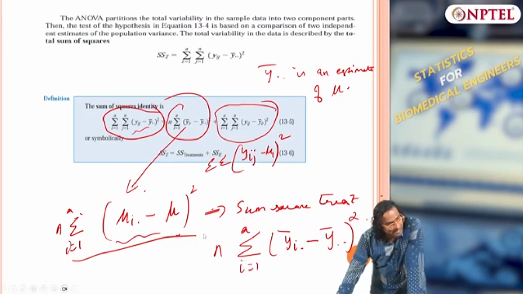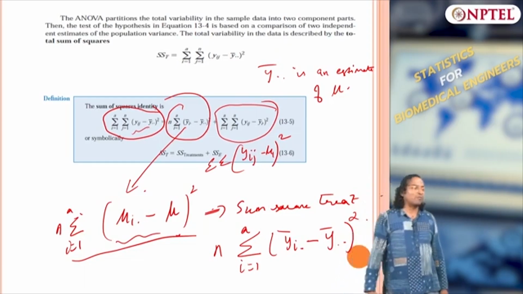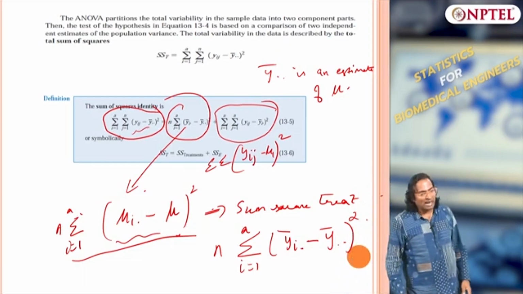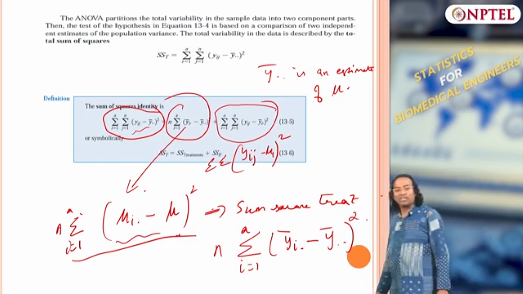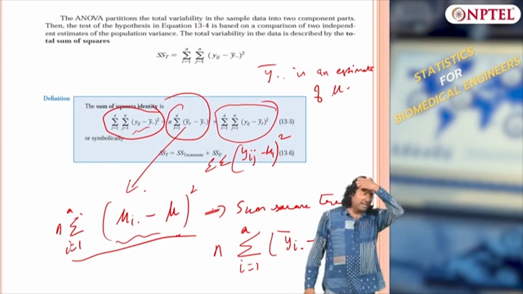How many treatments are there? A treatments, because n is the total number of observations for each treatment and summation i equals 1 to A. So, there are A treatments, clear, A treatments.